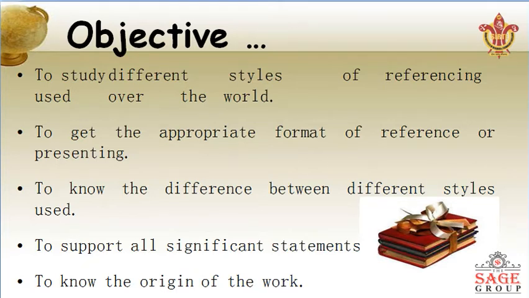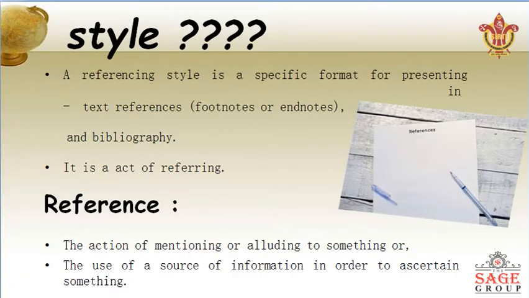So we cite papers, we study papers, and all the things we mention in our paper will be the support for our study. That is done in referencing. There are various styles in which we reference our material or data.